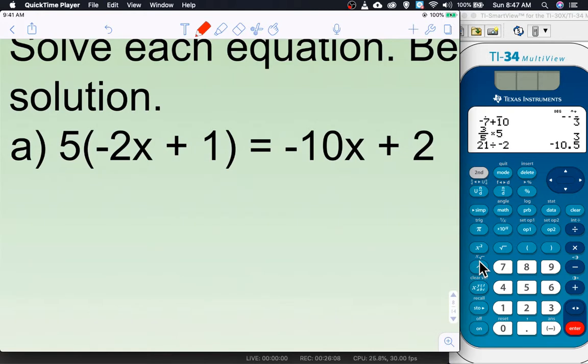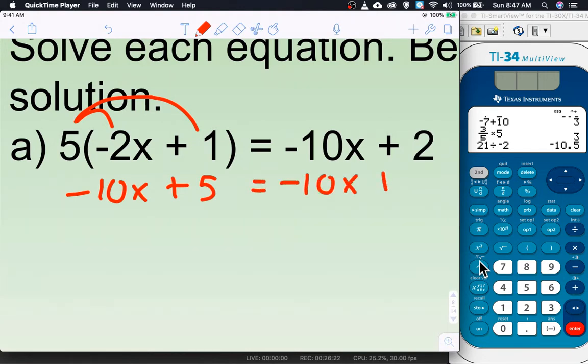So we start solving. I'm going to distribute here. Oops, there we go. We have negative 10x plus 5 equals negative 10x plus 2. We continue solving.